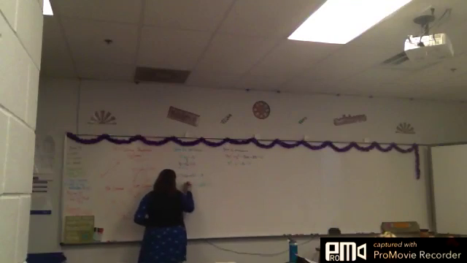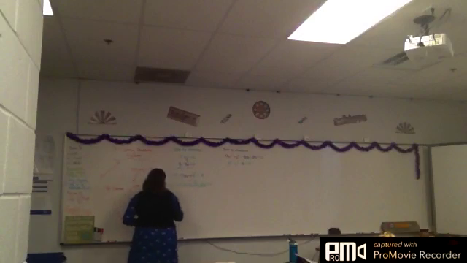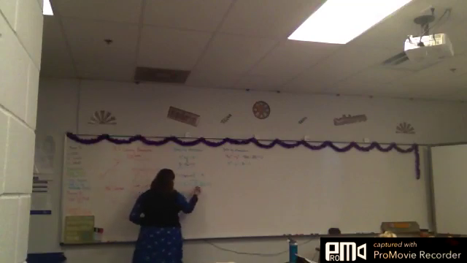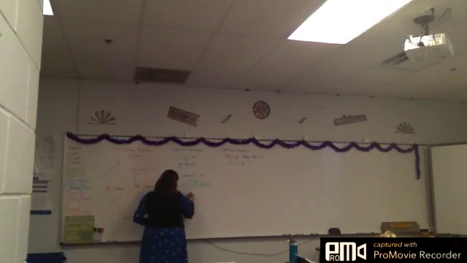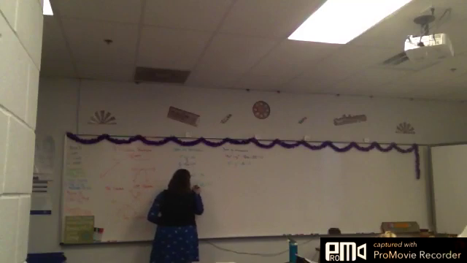So let's FOIL. What's negative 3x times negative 3x? 9x squared. What is negative 3x times 10? Negative 30x, and then I have that again, so I get negative 60x, yes? Yes. And then what is 10 times 10? 100. Now, what do I do from here?